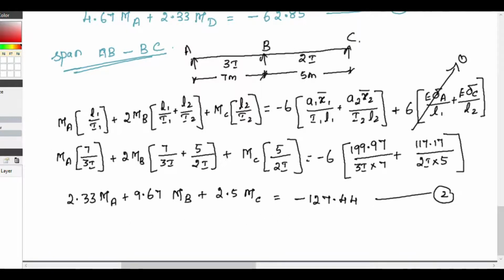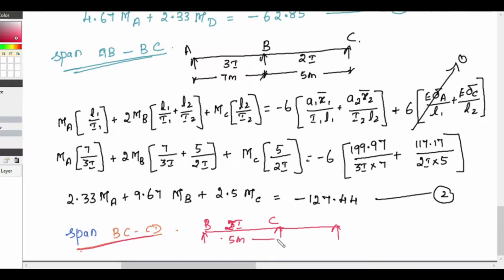Now we will move on to our third set of span, that is span BC, CD. Our next set of span is span BC, CD. So we know BC is 2I and 5 meter.